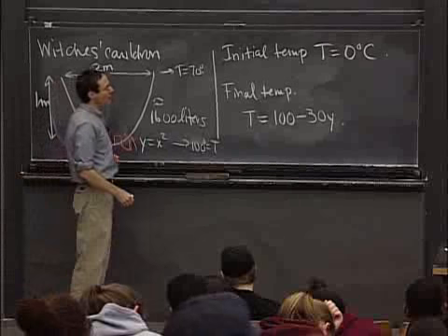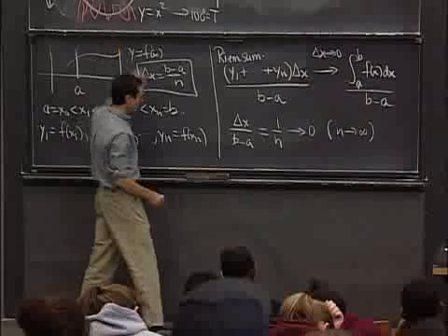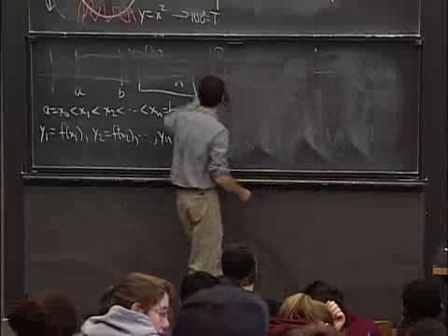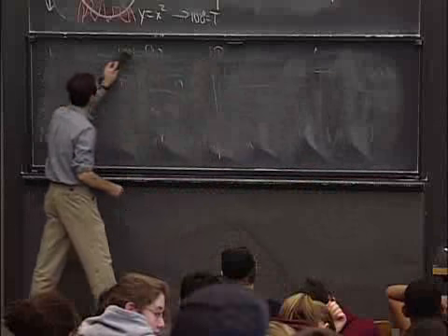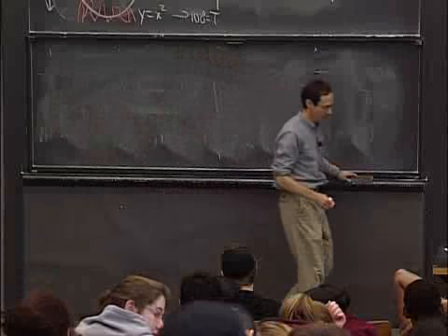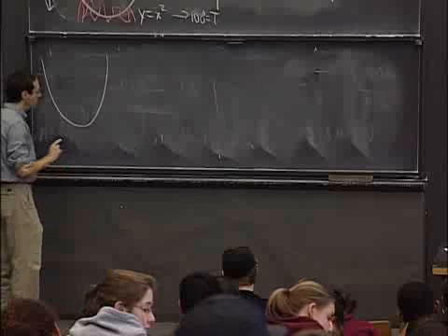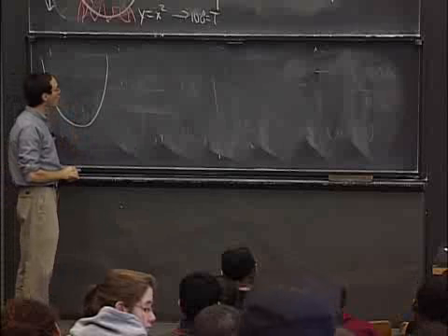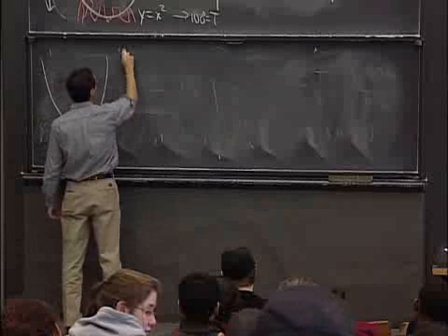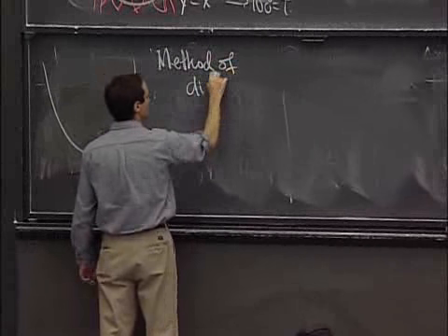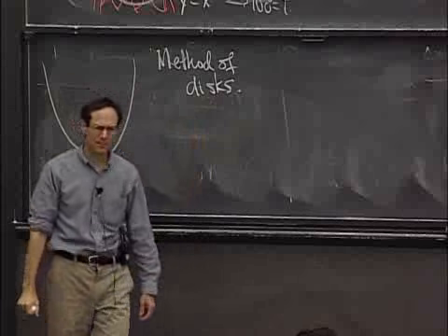And the question was, how much energy do we need? So the first observation here, and this is the reason for giving this example, is that it's important to realize that you want to use the method of disks in this case.